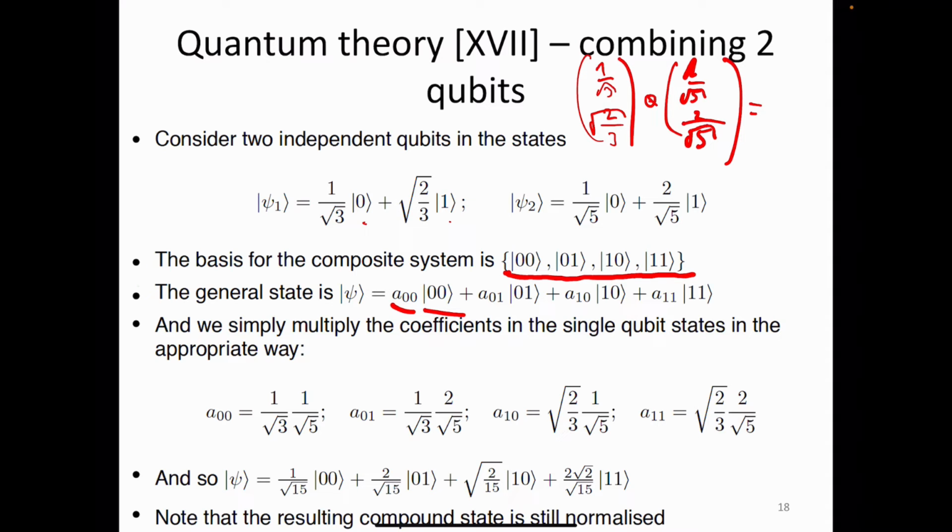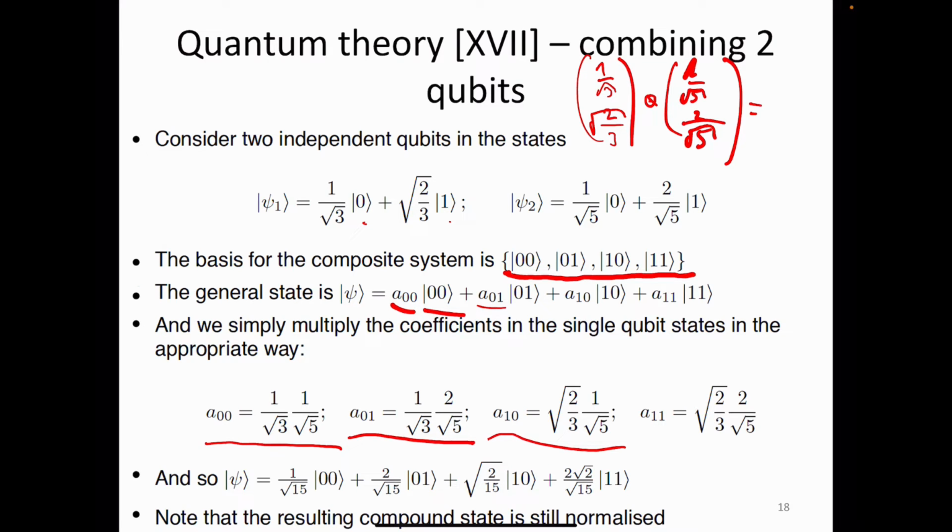Then what I get is 1 over the square root of 3 times 1 over the square root of 5 for the 00. This is what we see here. And then I do 1 over the square root of 3 times 2 over the square root of 5, which is a sub 01, given by that one. Then I do the square root of 2/3 times 1 over the square root of 5, which is a sub 10.